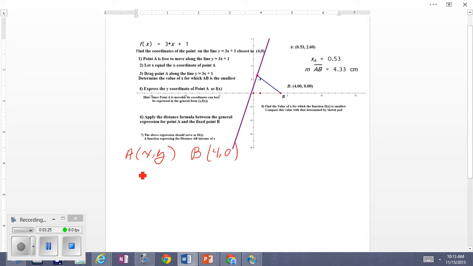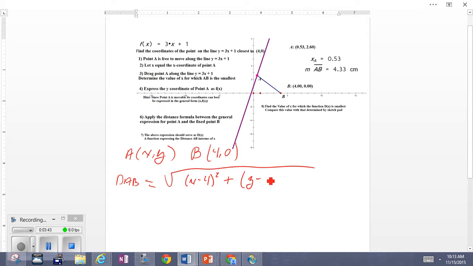The distance AB, using the distance formula, is the square root of x minus 4, the quantity squared, plus y minus 0, the quantity squared, which is just y squared. Expanded out, this is x squared minus 8x plus 16 plus y squared.